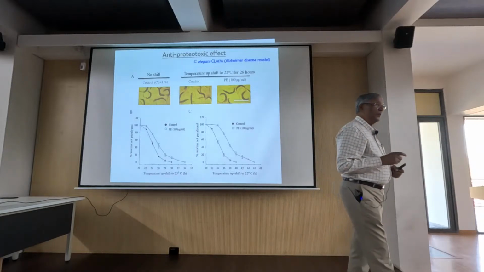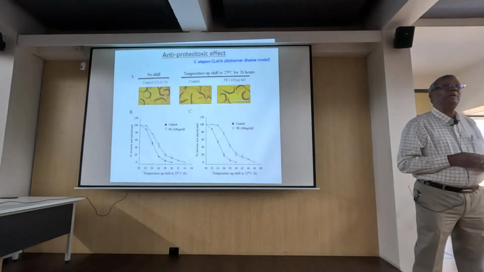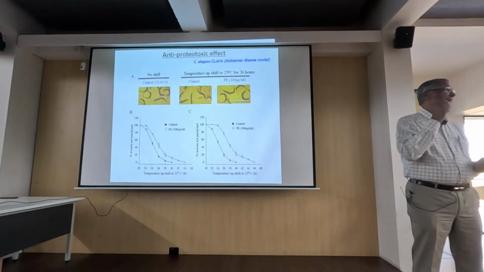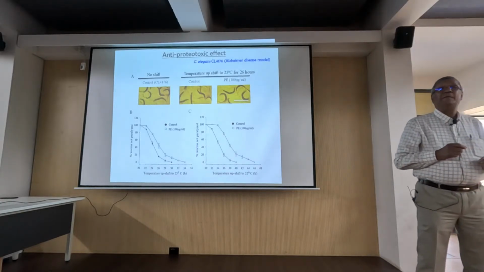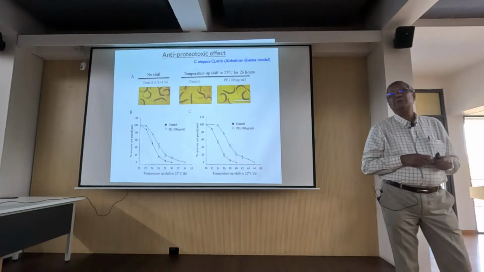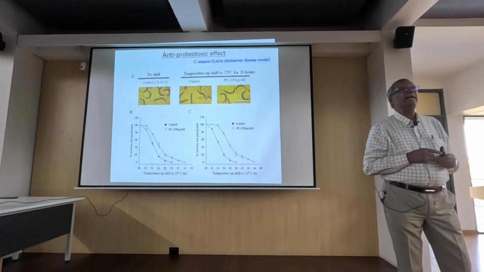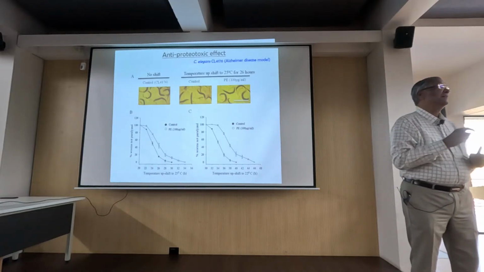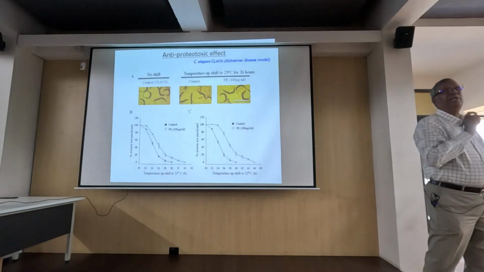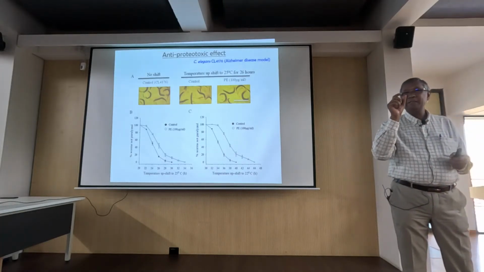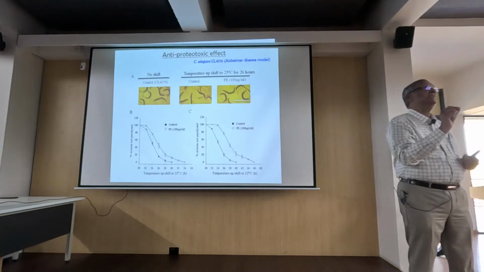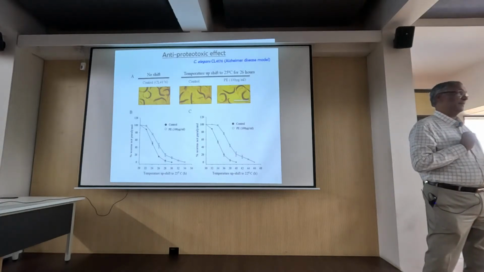There we used C. elegans, and that C. elegans mutant is such that we introduce what is known as A beta, the human beta secretase gene, placed in the muscle cells of C. elegans.